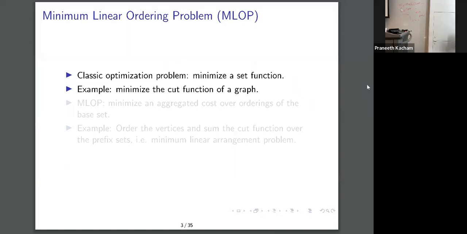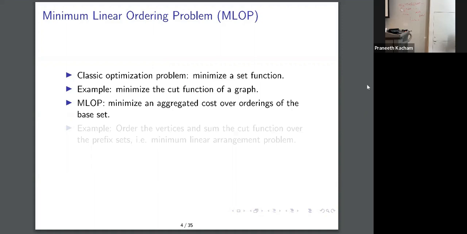For example, imagine we have a source and destination, and we want to minimize the cut function. So that's a polynomially solvable classical problem. What if we want to minimize the cut function over all prefixes of an ordering of the vertices?